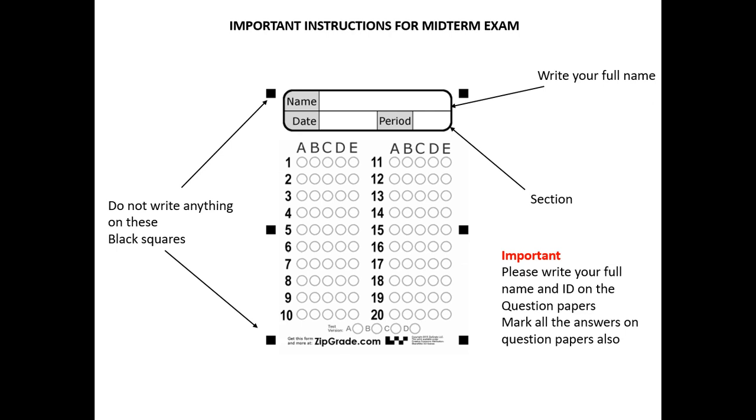Silently you have to solve the questions. If any question you feel it is wrong, or there is a problem in the questions, you must just write down the problem on the question itself.